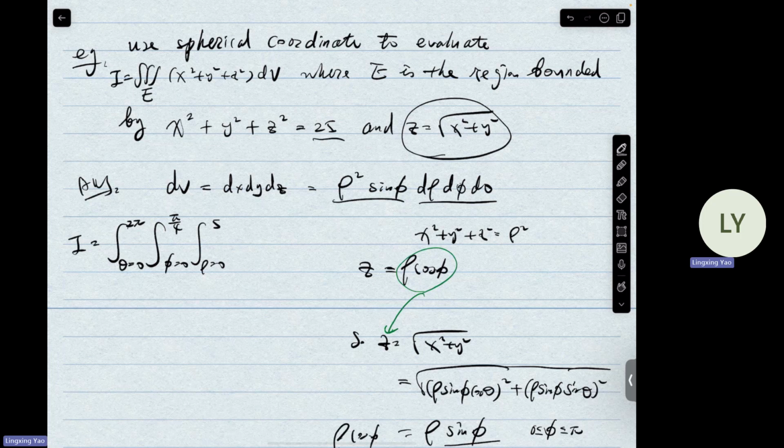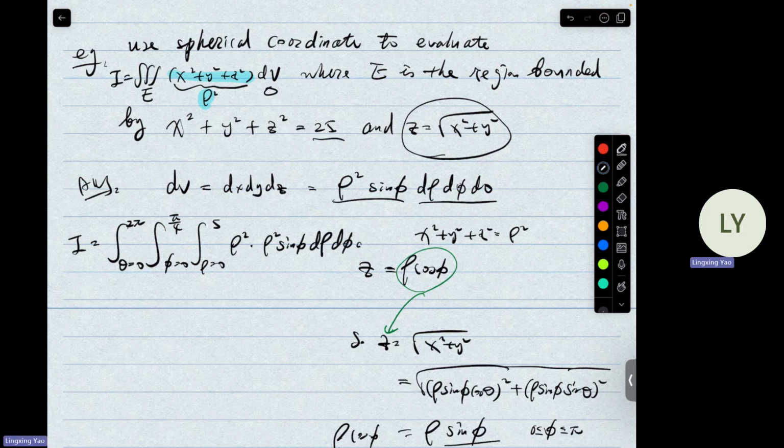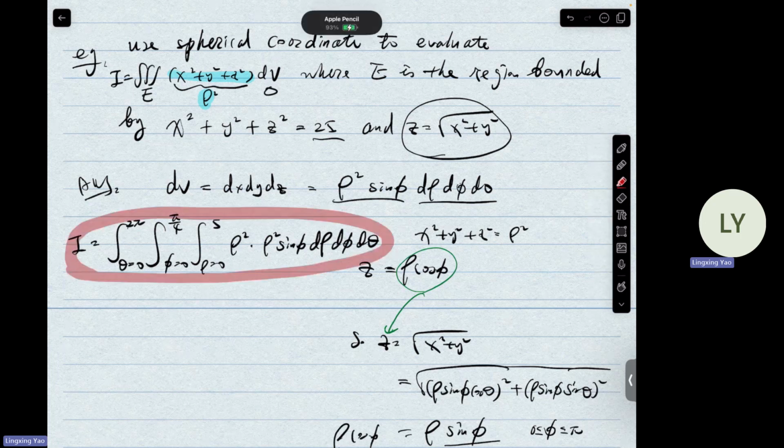And the integrand is rho squared, times now this dV, which is rho squared sine phi d rho d phi d theta. So this is the integral we need to set up and evaluate. I think this is pretty straightforward. Okay, but let's just pause, and then we'll discuss examples related to the first half of the course.